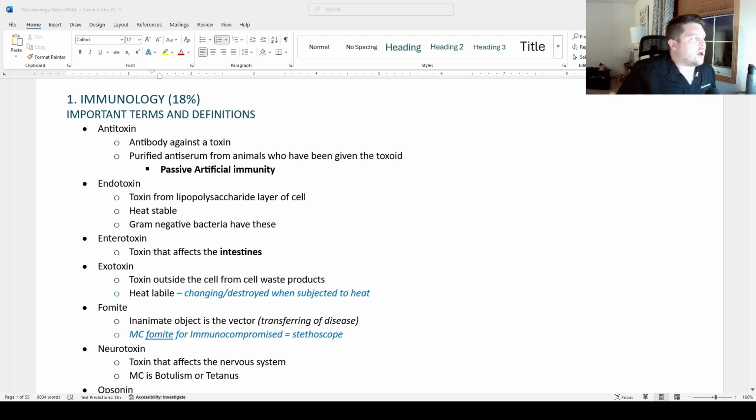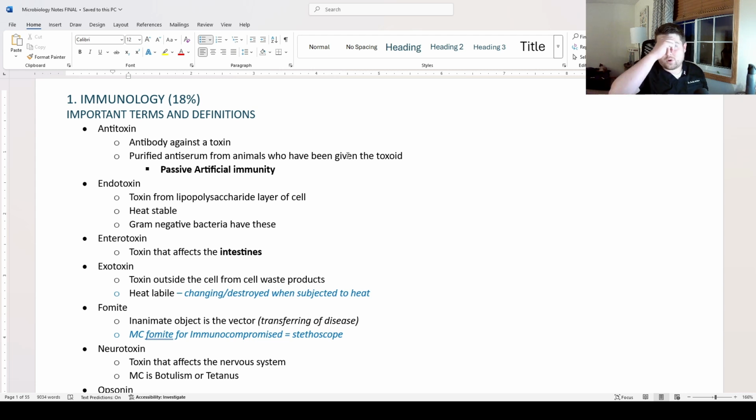Just starting off, like I said, a bunch of definitions. Antitoxin, this is an antibody that's against a toxin. What they do is they give either the toxoid, which is a portion of the toxic component, to an animal. The animal develops an antibody. We extract that antibody from them so that we can give it to somebody else.